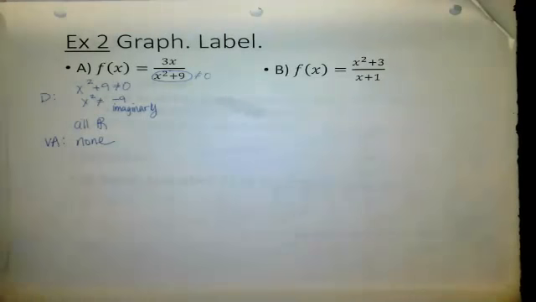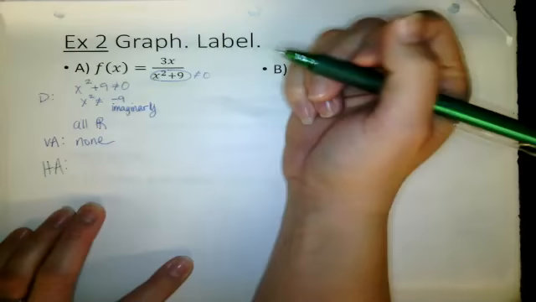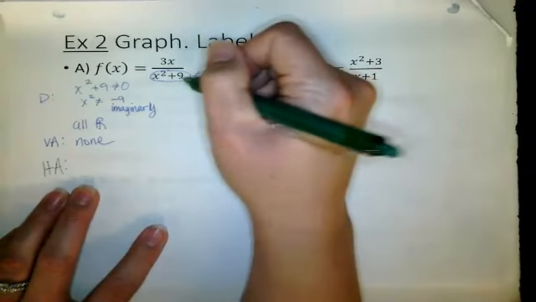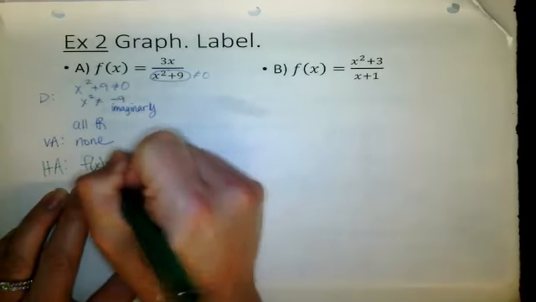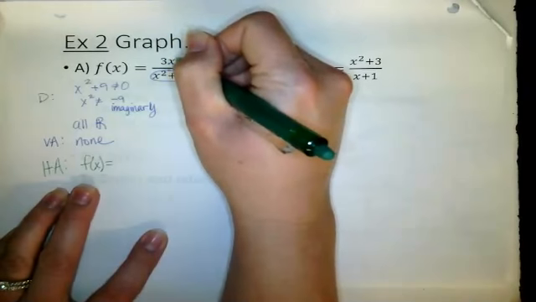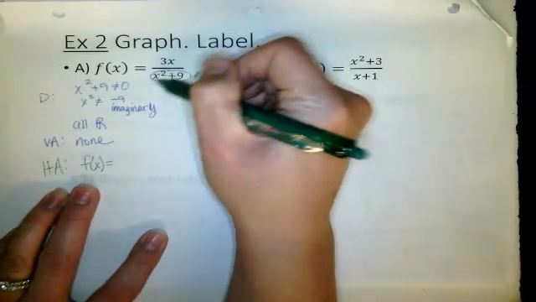Now, if I want to find my horizontal asymptote, I can get it by dividing through by the highest power of x. What's the highest power of x? x squared.